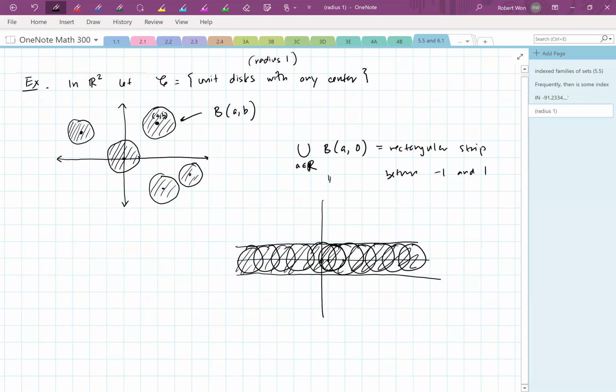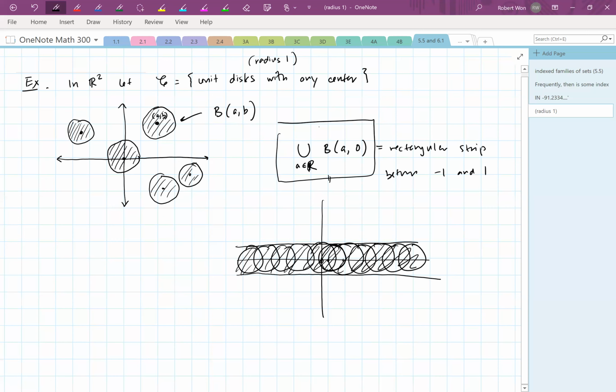There's, of course, a more precise way to write down the set, but I just want you to think about it like this. Okay, so here's an example where you can now cover the entire real two-dimensional plane by these unit disks. You could take the union over all of them, for example, or you could take some union over some nice index set of them.